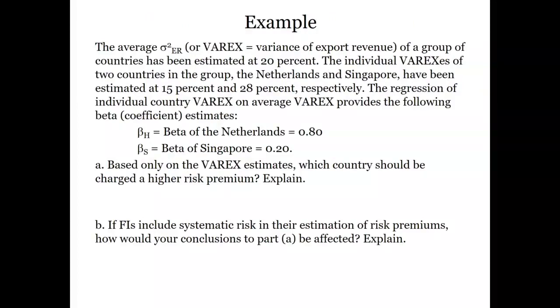All right, so let's have a look at this example. We have two countries, Netherlands and Singapore. Netherlands have a variance of export revenue 15%, Singapore 28%.